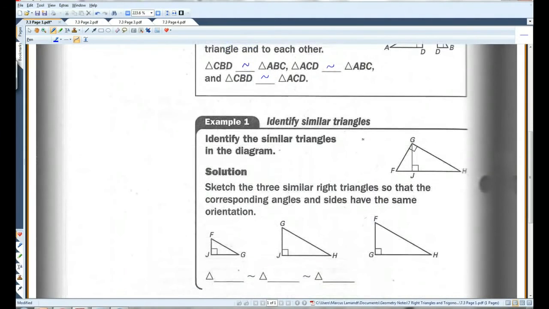Alright, so for example, here's our triangle. You can redraw this. You can take this triangle. Here, let me color code it. You can take this triangle and turn it on its side, like so. You can also take this triangle.